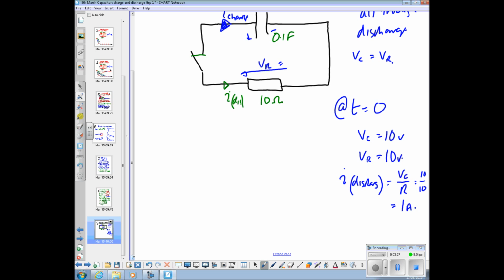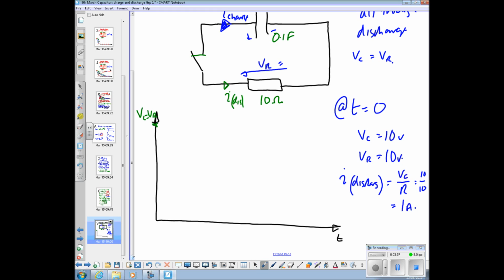Yeah. So if we go down our graph route again, there's T. We'll make VC green. We'll start at 10 volts. And VR is the same.